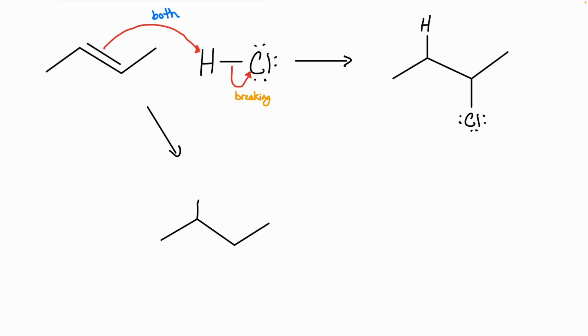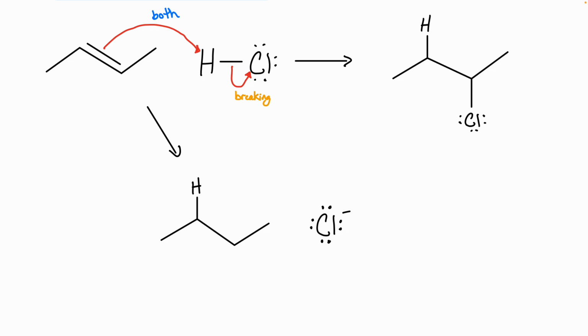All right, so now I have my new bond between my hydrogen and my carbon, and I also have this chloride ion. All right, I'm going to draw my chlorine with its extra pair of electrons. That means it has a negative charge.